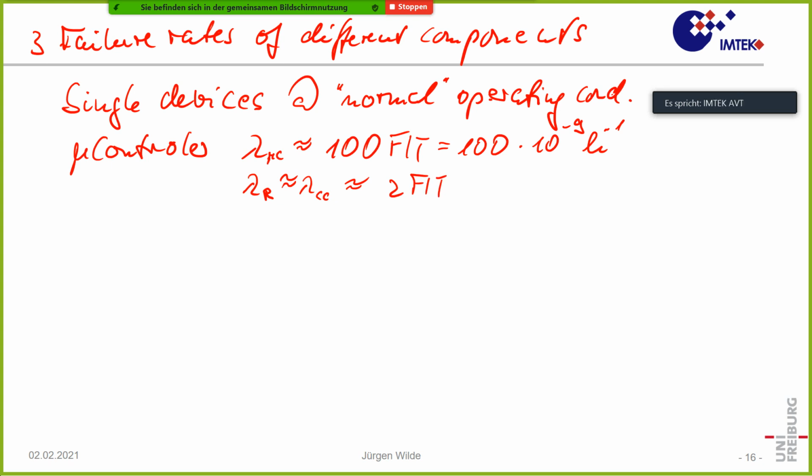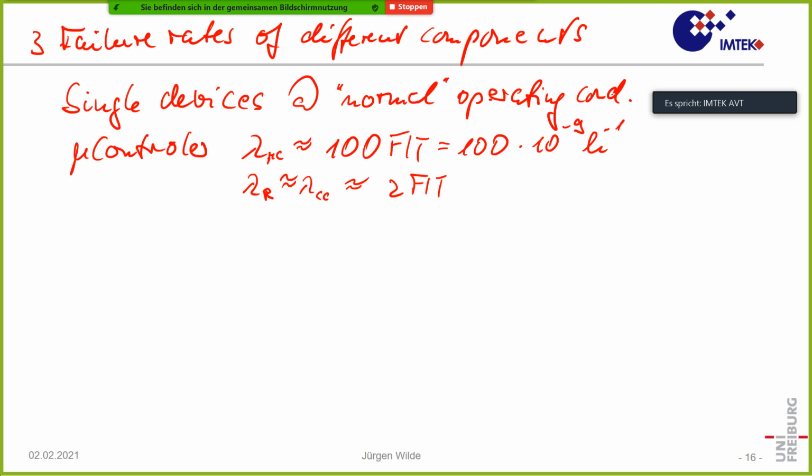So please always keep in mind these are just values which are just an indicator around where we are. Yeah.